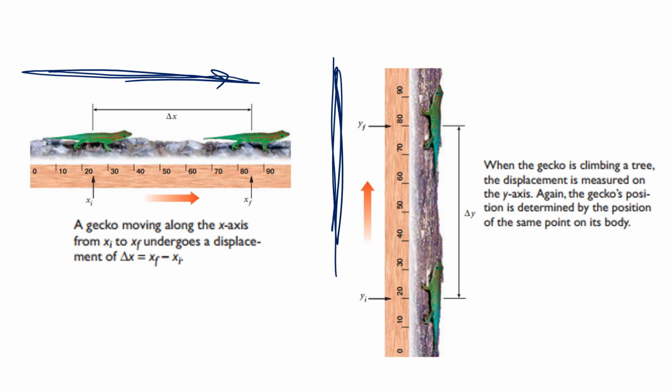Again, the position is determined by the position of the same point of its body. Notice how they're focused on the same part. We have to measure from the exact same part every single time. If not, then your values will be considered inaccurate.